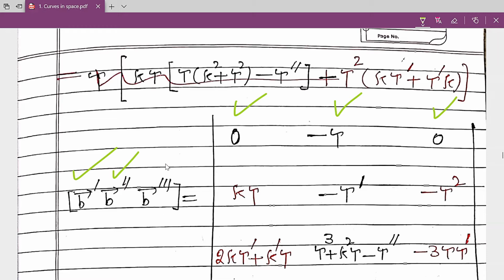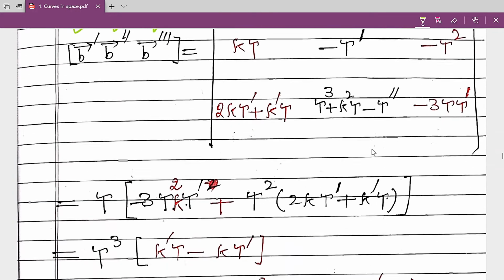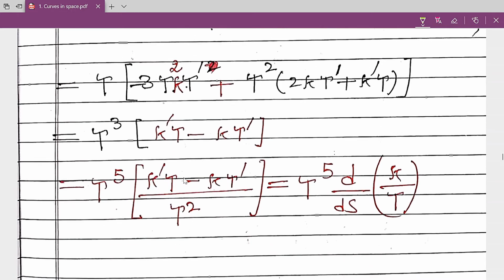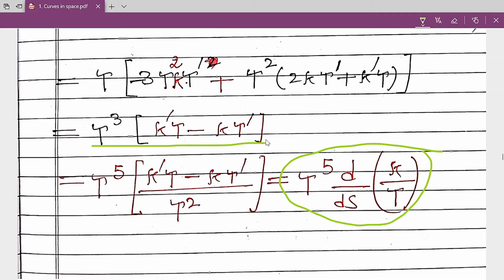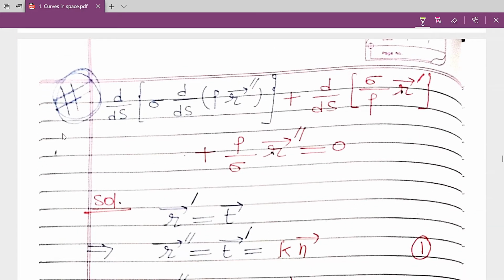Third row gives the value of b triple dash. Now taking the determinant, we simplify this determinant, again we get this equation. Now in this form, clear? So we multiply by tau square and divide by tau square, so we get tau raised to power 5 into d by ds into kappa by tau. So this is a very important result for university examinations.